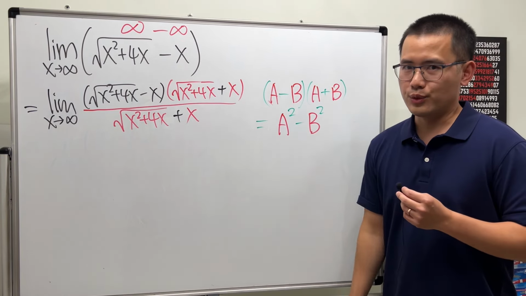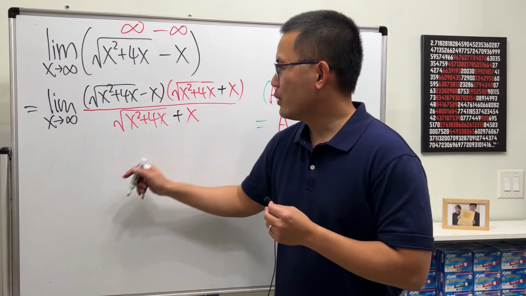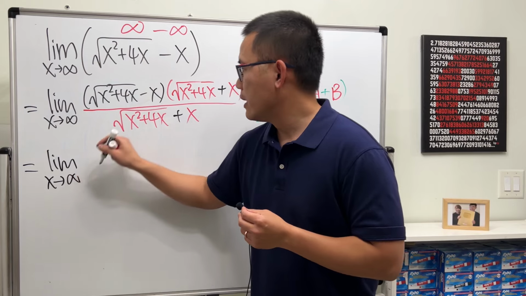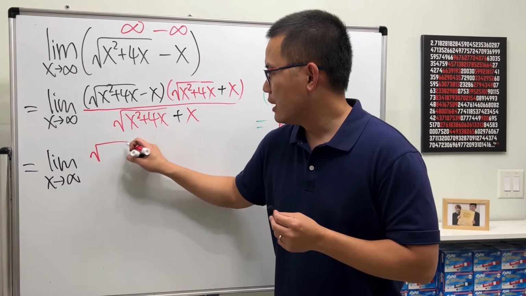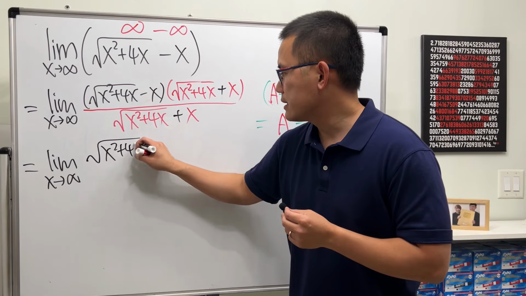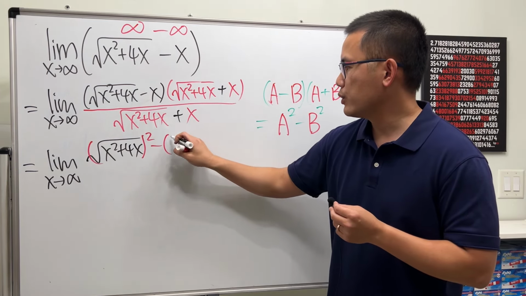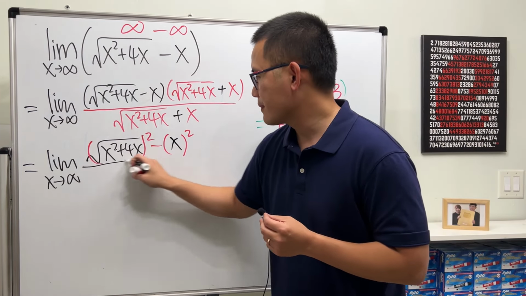It's the difference of 2 squares. So right here, we can just get the following. We will just square the first term. So I will just put down the square root of x squared plus 4x, and then we square that, and then minus the square of the second, which is x. And then the bottom stays the same.